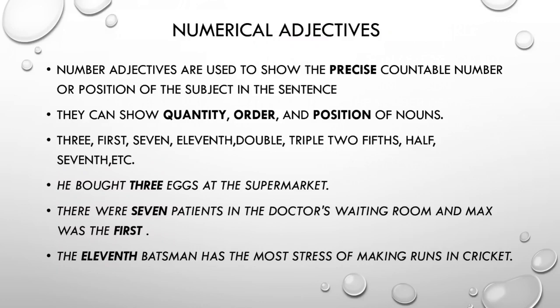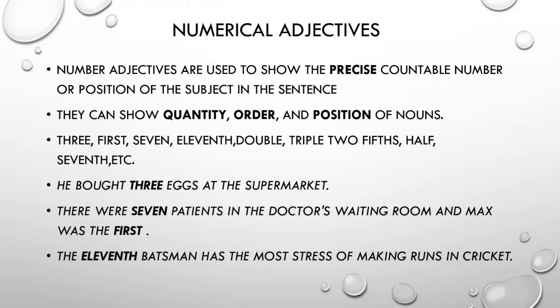Numerical adjectives are used to show the precise countable number or position of the subject in the sentence. So normally they show the quantity, order or position of the nouns. Examples of numerical adjectives include 3, 7, 5, like 1, 2, 3, 4, 5.